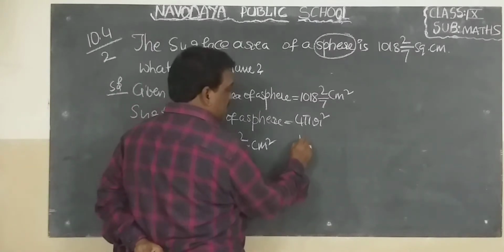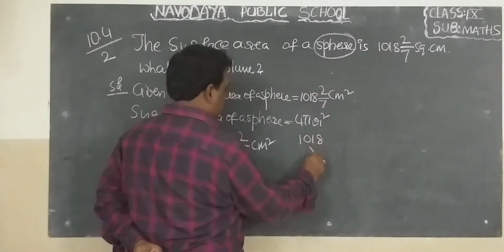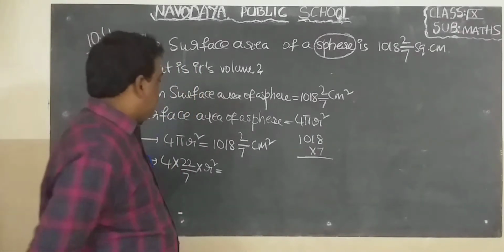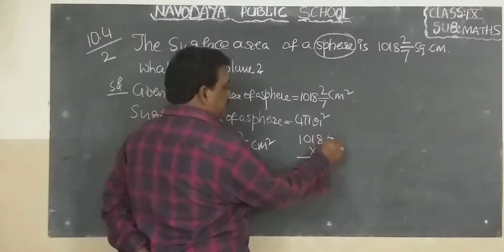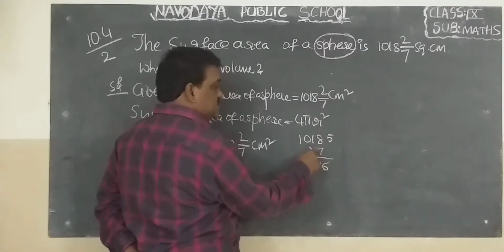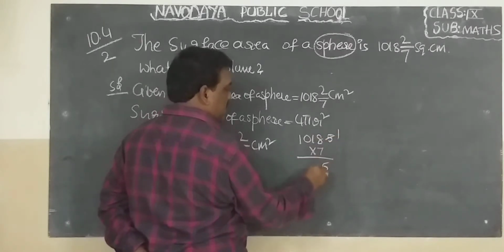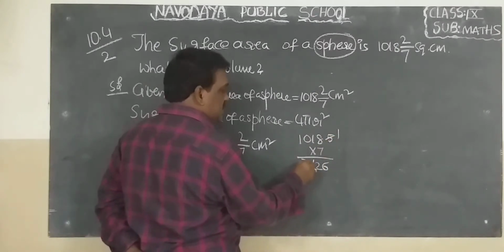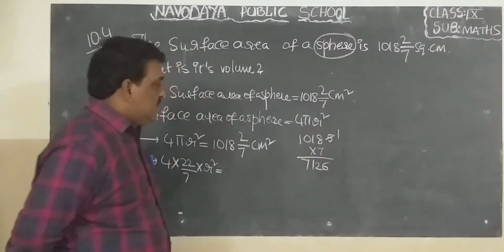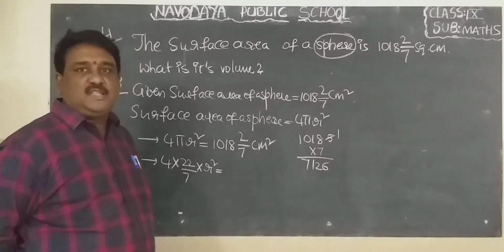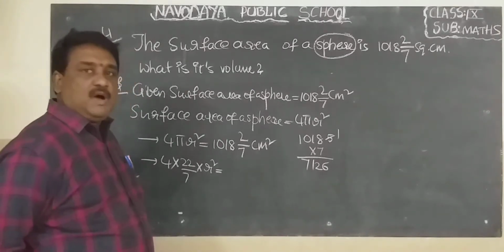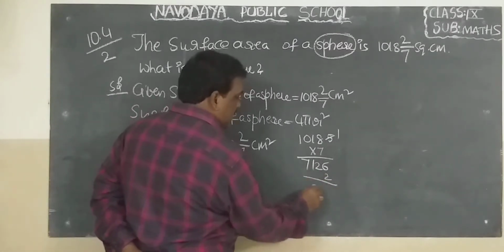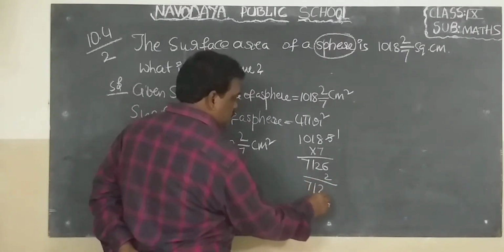So do rough work. 1018 into 7. How much? 7 8s are 56. 7 1s are 7 plus 5, 12. 7 0s are 0, 1. 7 1s are 7. So 7126. Add 2, 7128.